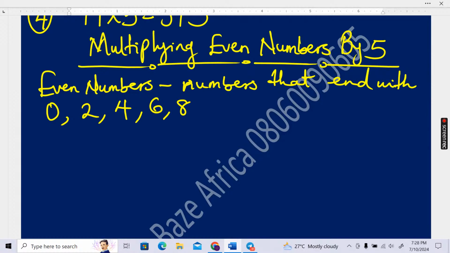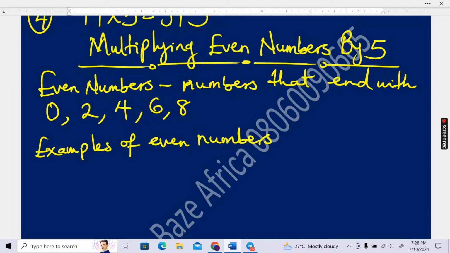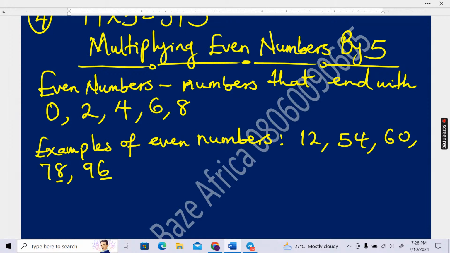So when you see a number and the last digit of the number is either 0, 2, 4, 6, or 8, such number is an even number. Examples of even numbers are 12, 54, 60, 78, 96.